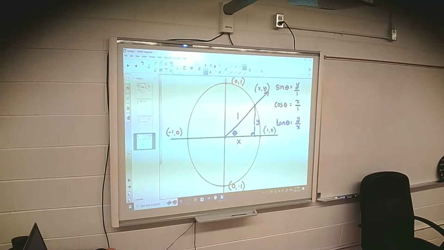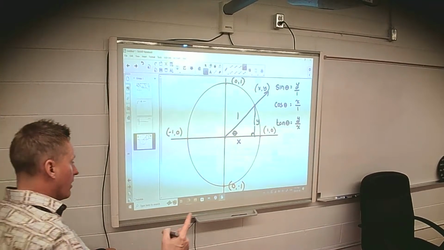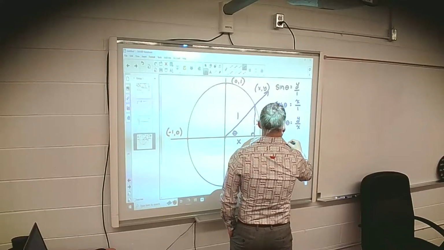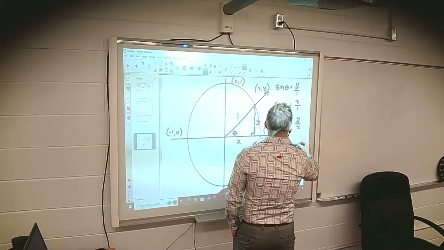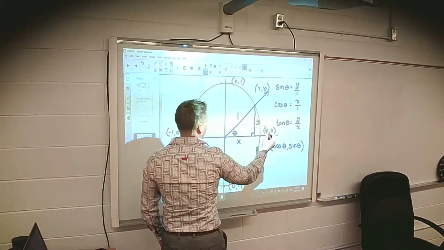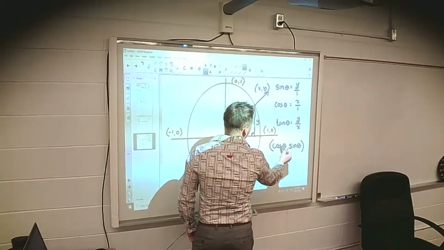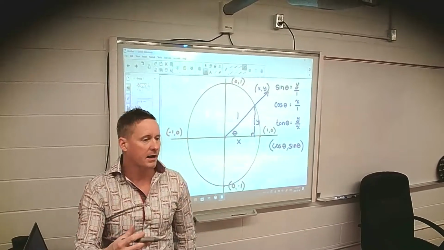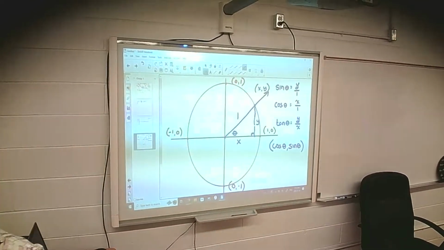The y value is going to equal the sine theta ratio. Now, I'll explain why it's important in a second. But every coordinate on this circle right here, the cos value is going to be the x of the coordinate, and the sine value is going to be the y ratio of that coordinate.